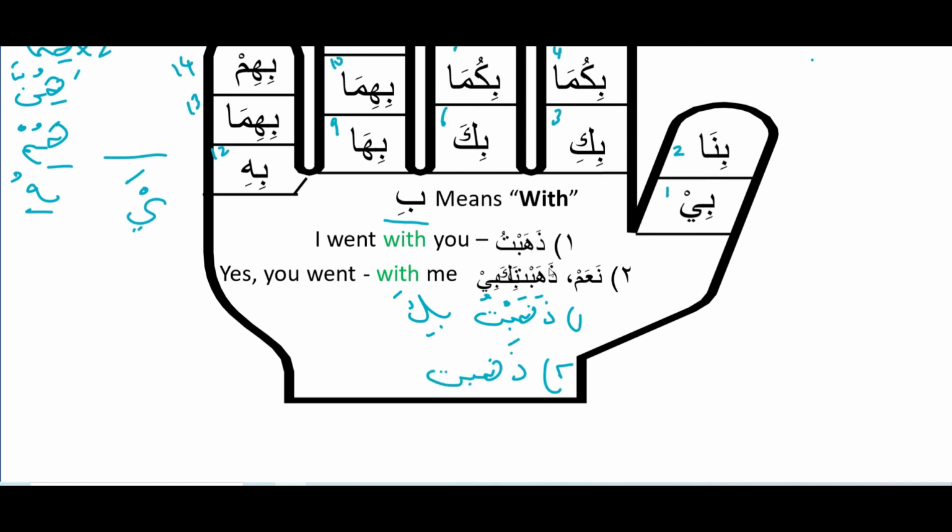This is a verb. We haven't learned the verb yet. Dhahabta bi, you went with me. And yes, that means you have to include na'am. Na'am is yes. So na'am dhahabta bi, yes, you went with me. Can?